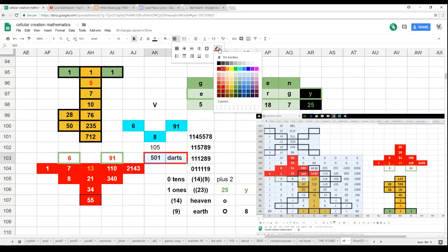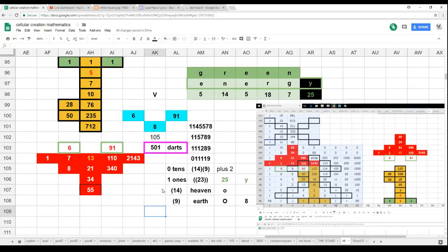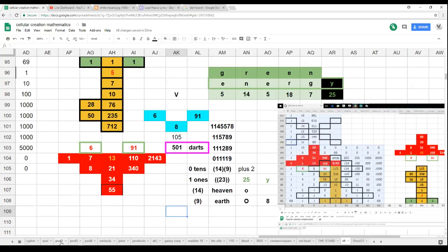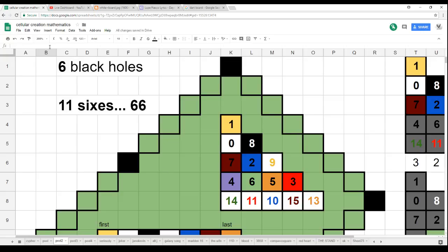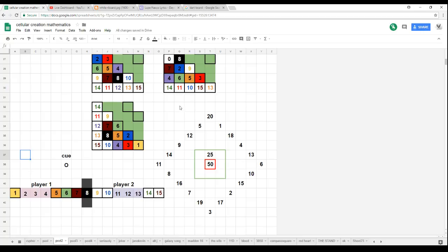Oh my lord. Let's go with crazy pink. Oh, why? And then I have to hit the button. There. Okay. Is that cool? Where's darts? Darts is here. There's darts.